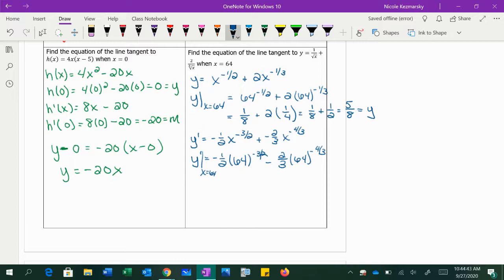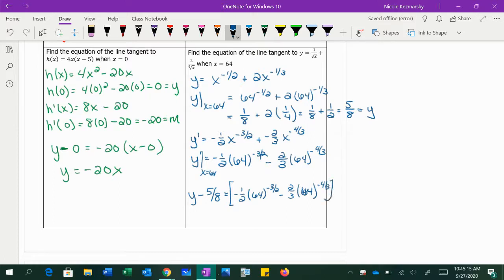I'm going to show you a trick because remember we have the AP stop. You have a stop point for the AP exam. So what I can do here is I can say y minus 5/8 equals my slope. Let me put a big bracket around it. So we're going to say negative 1/2, 64 to the negative 3/2 minus 2/3, 64 to the negative 4/3.